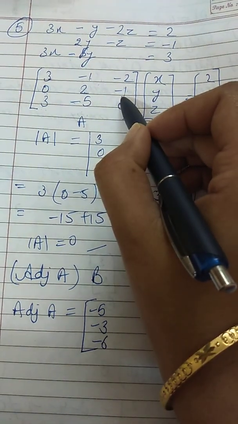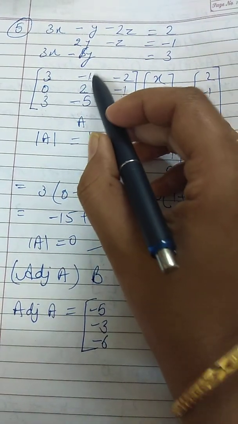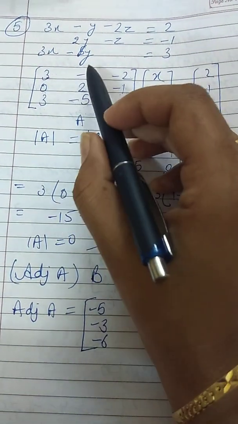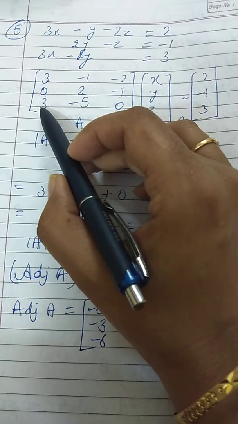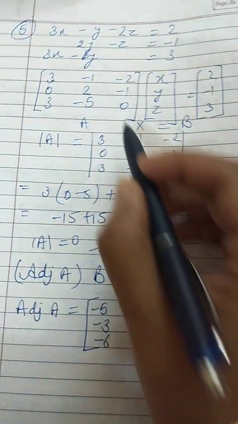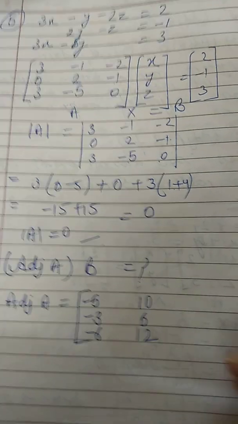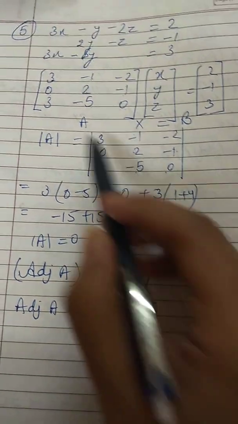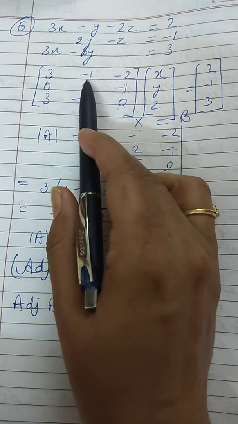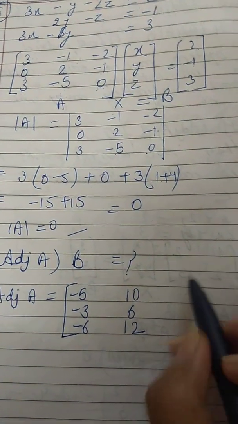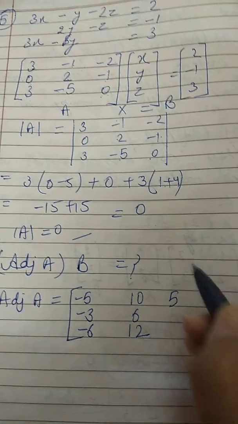Cofactor of this will be minus 15 plus 3, right, this row and column will not come, minus 15 plus 3 means minus 12, odd position is there, right, so it will become plus 12. Now this is over, the last row cofactors are left, it will be 1 plus 4, that is 5, even position is there, so sign will remain 5 only.